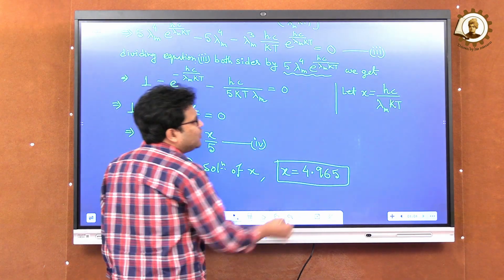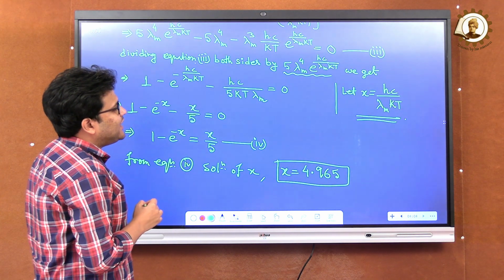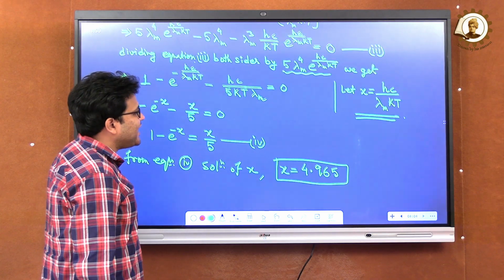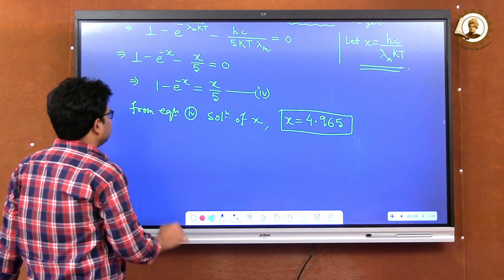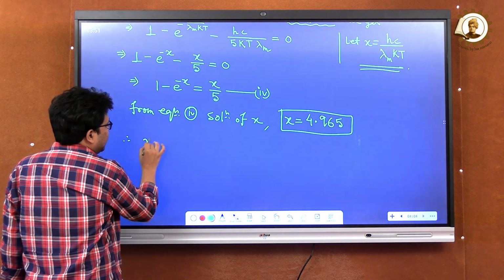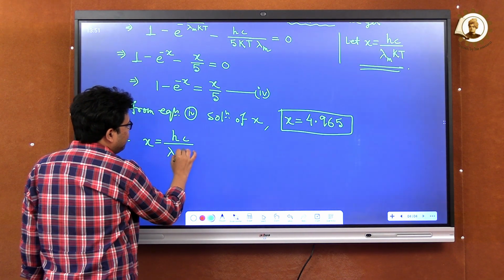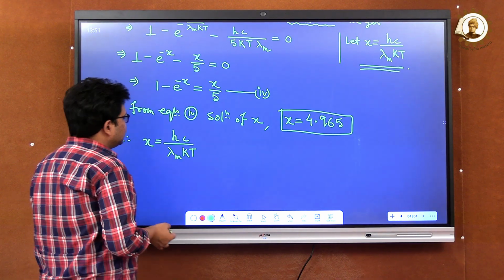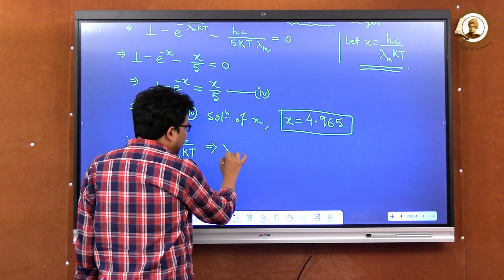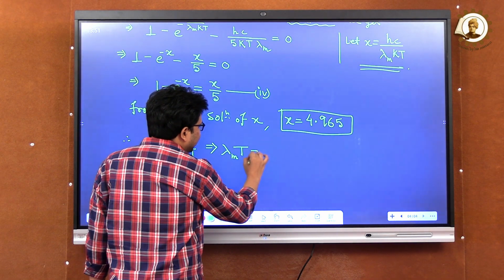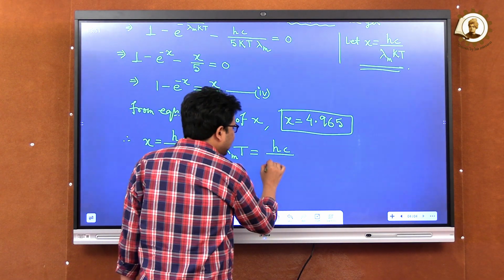Now we have already taken x equals hc by lambda kT. From that relation we can write x equals hc by lambda m kT, right? If we rearrange the quantities, we have lambda m T equals hc by x into k.